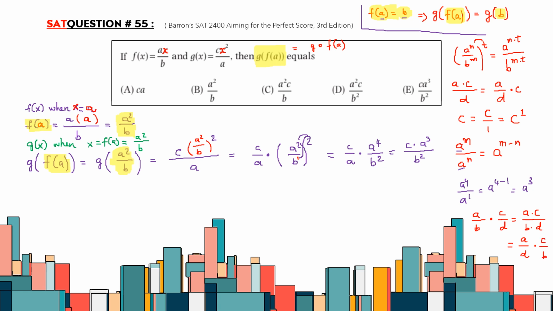It's the same thing; in this case we're just moving things around. So we have c over b squared times a to the power of 4 over a to the power of 1, and we get c times a cubed over b squared. That's the same thing as over 1. So that's how we got the answer, and E is the correct answer.